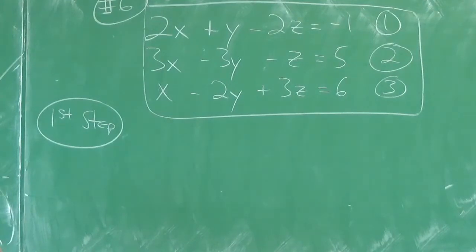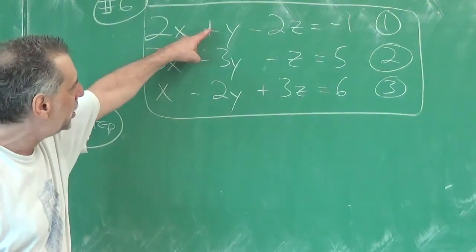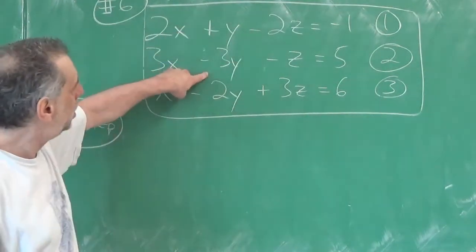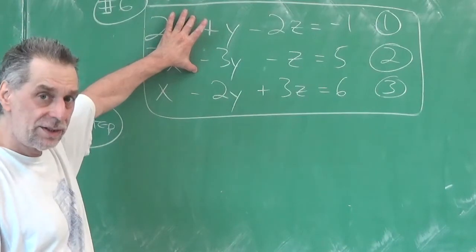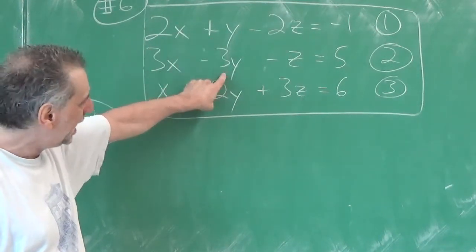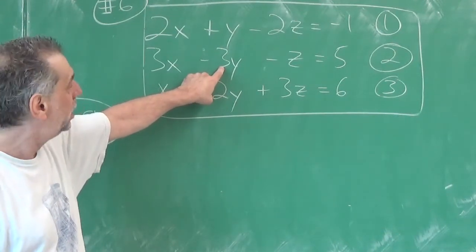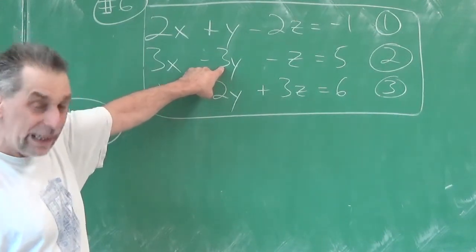Any 2 equations, any one of the variables. So let's just go with equations 1 and 2, and we'll eliminate the y's. So what I've got to do is multiply this by 3, so that I can add it to the negative 3y like we did in the previous 2 equation section to eliminate the y's.